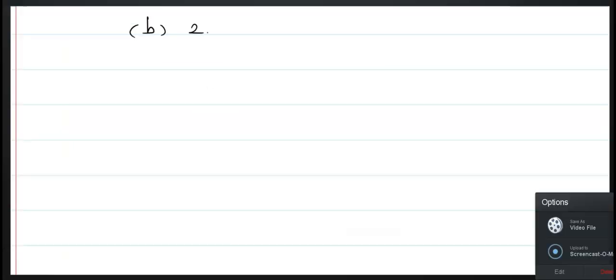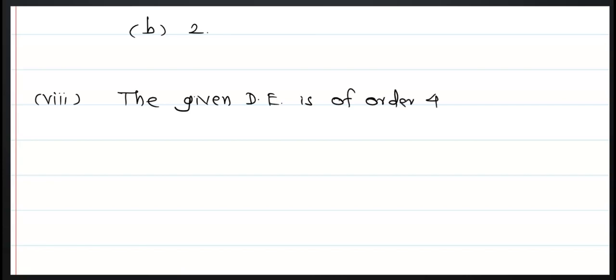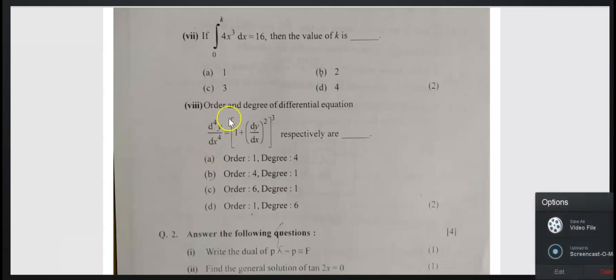Now the next question. The given differential equation is of the order 4 and degree. Now see this, the differential equation, order and degree of the differential equation. The highest order is d^4y upon dx^4, in square bracket, 1 plus (dy by dx) squared, whole raised to 3.